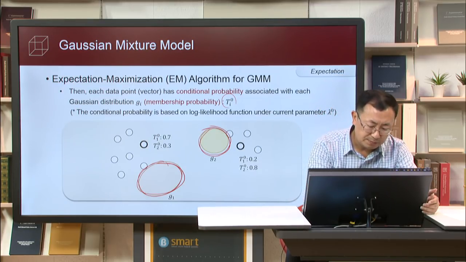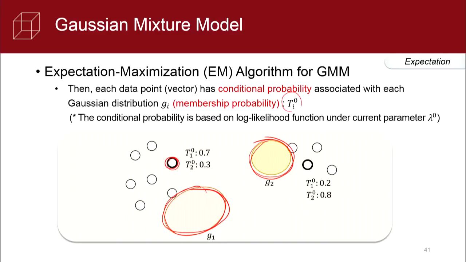So for example, let's think about this data point, and each Ti: T1 is equal to 0.7, so it is more likely coming from this distribution, right? And this data point is less likely coming from this other distribution, right?